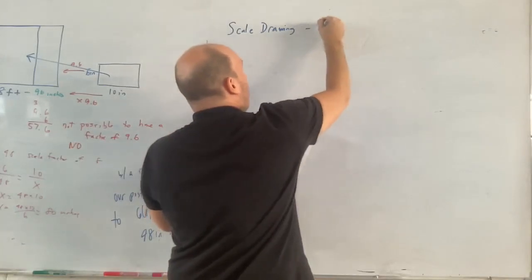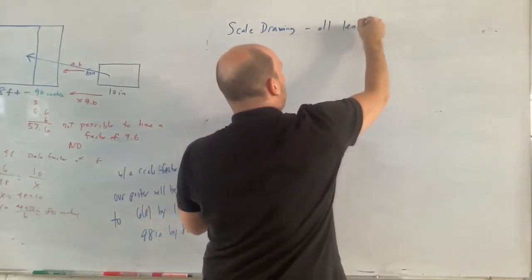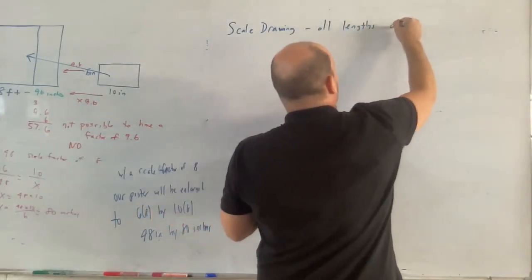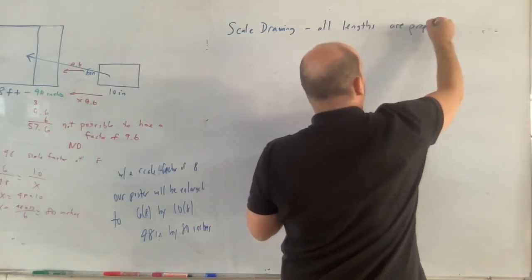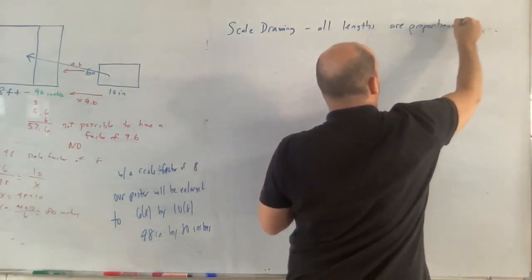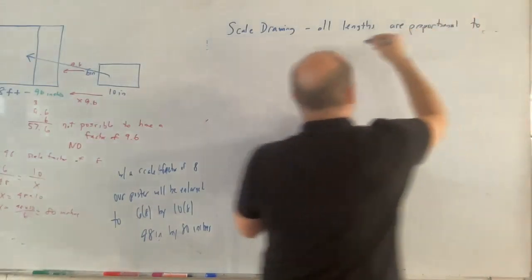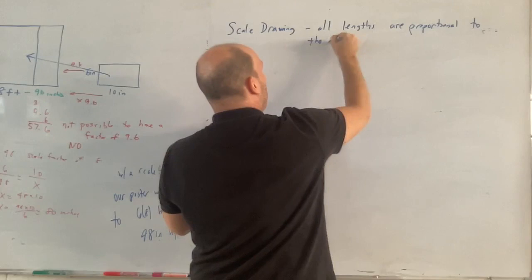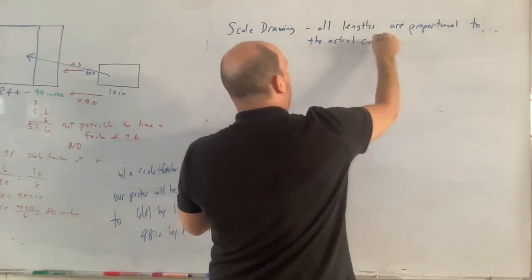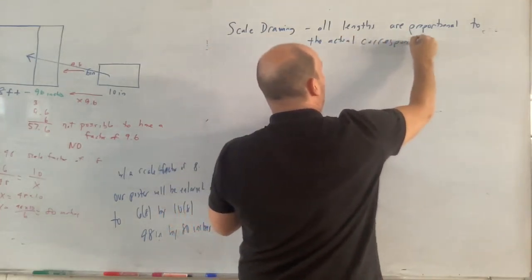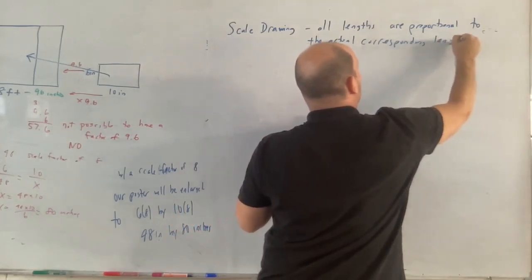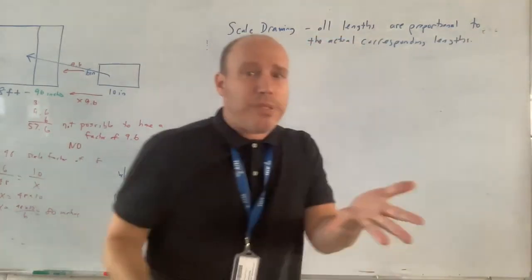The idea is that all lengths are proportional to the actual corresponding lengths. You're going to see this on maps.